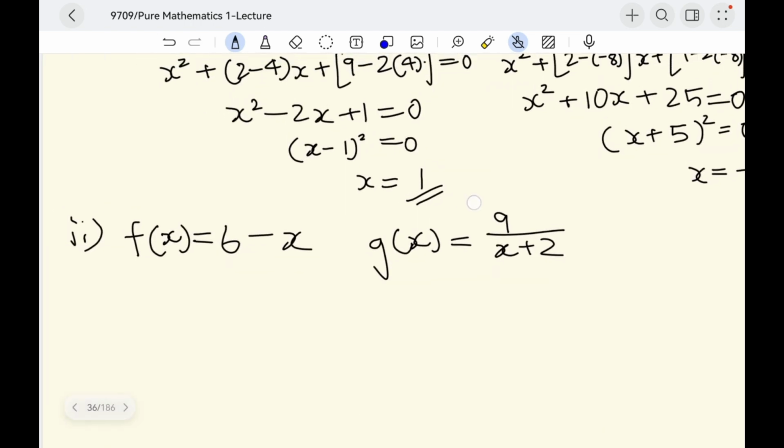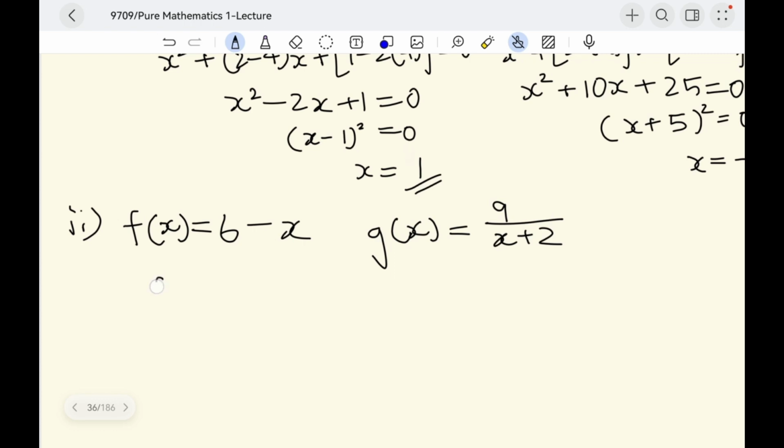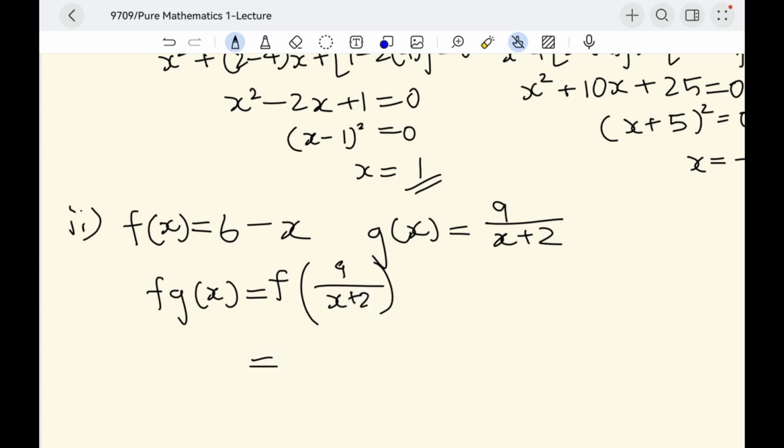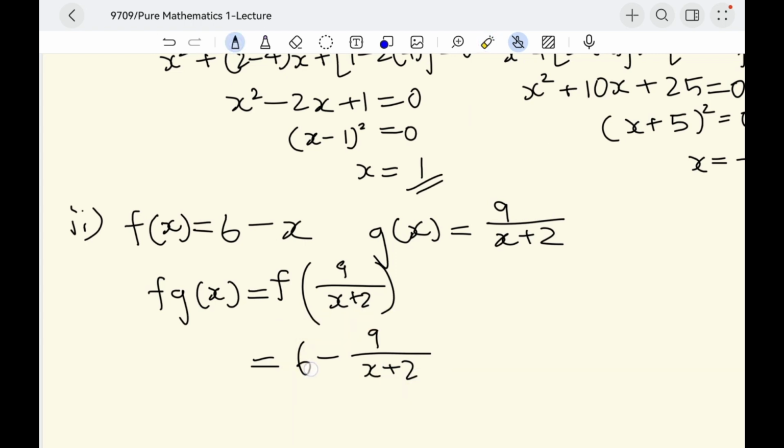Next we find the composite function fg(x). Map g(x) first, let g map x first, then the function f maps g(x). So do it this way. We'll see that this is a reciprocal function.